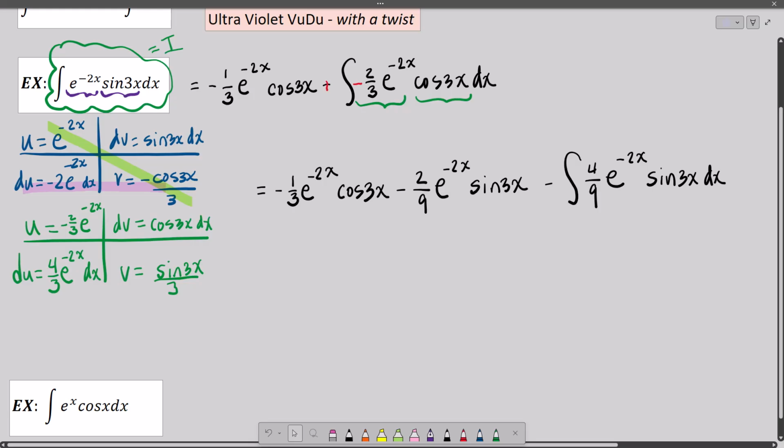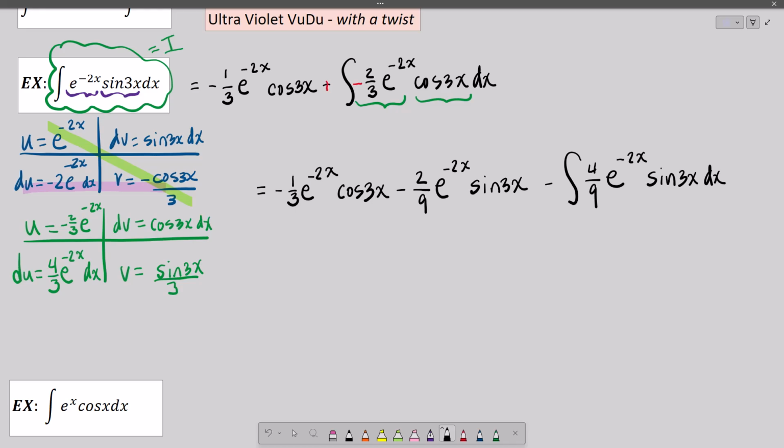But where we're at right now is that this whole thing is the right-hand side. We have this string of equals, so this thing equals that thing. Well, if we call this thing up there I, then I is equal to that. It's the original integral.